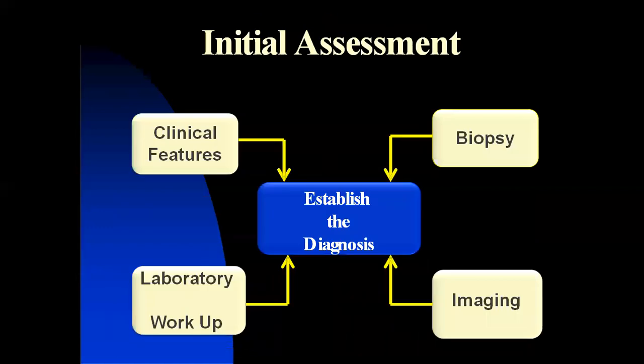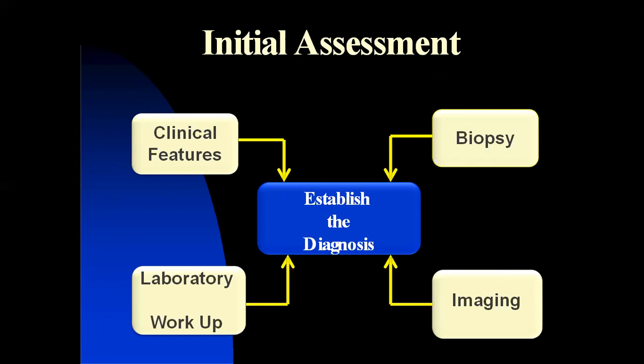So how do we do the initial assessment, or how do we come to know that the person is suffering from vasculitis? We look for the clinical features. We also look into the laboratory diagnosis. We also go for biopsies and imaging techniques. After we have established these factors, we come to the conclusion that vasculitis may be developed.